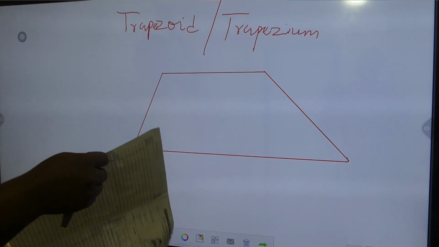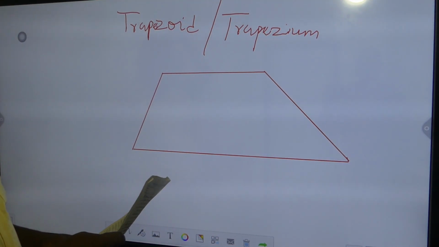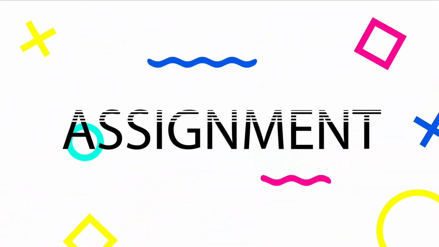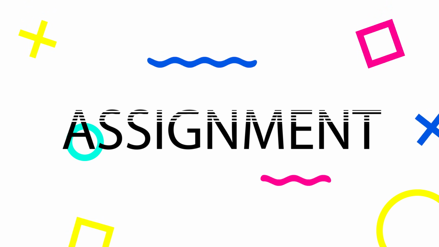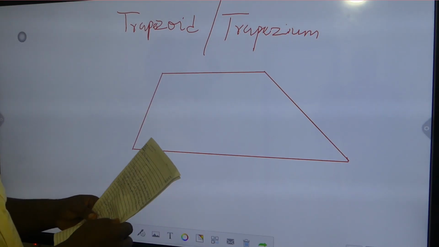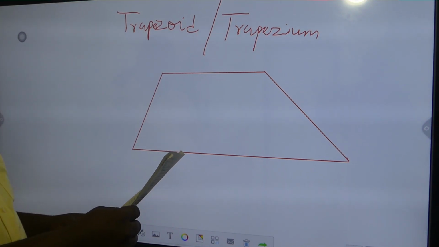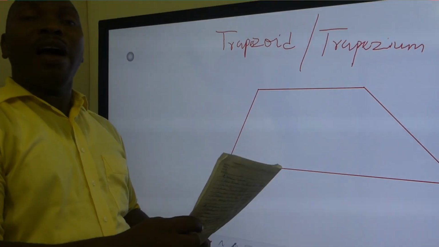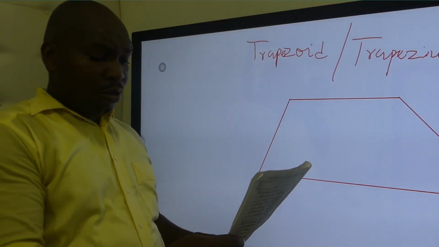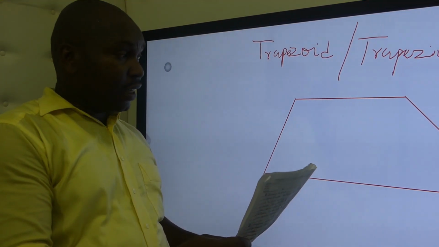Then the assignment for you is already in your material, which you will have after this. The assignment is that I want you to discover geometric features found in our environments. Let me take it again.